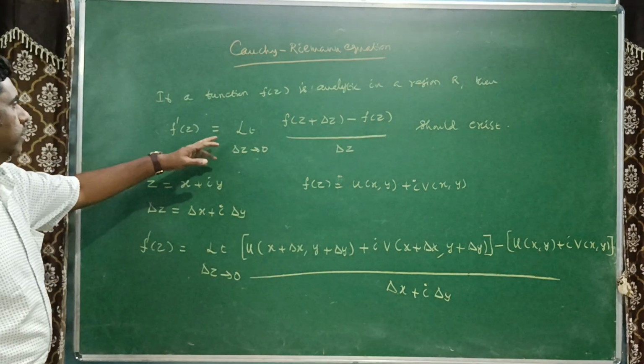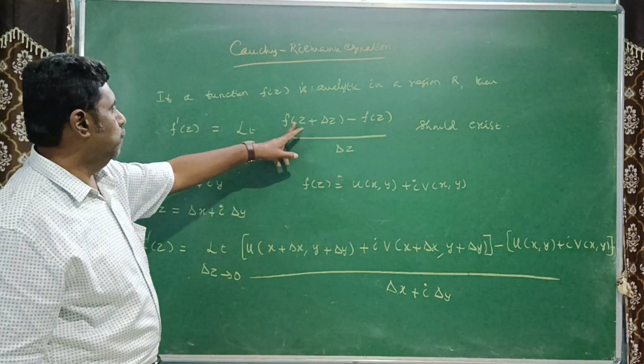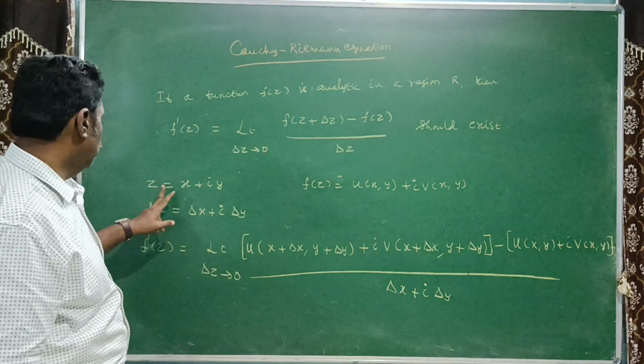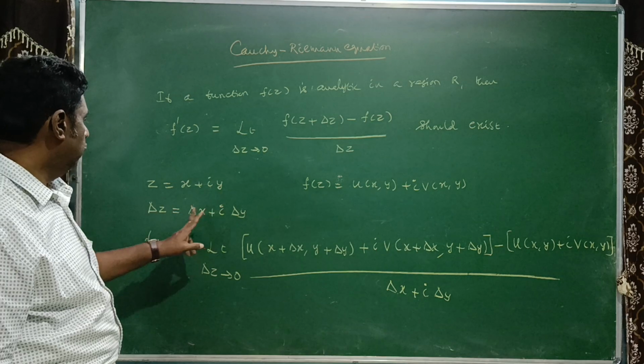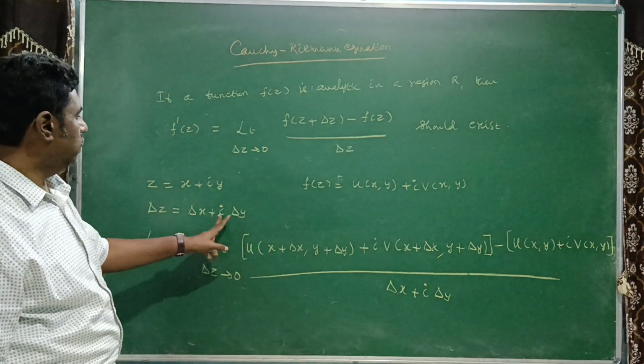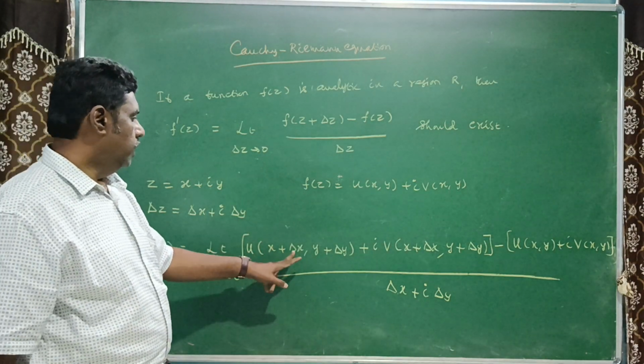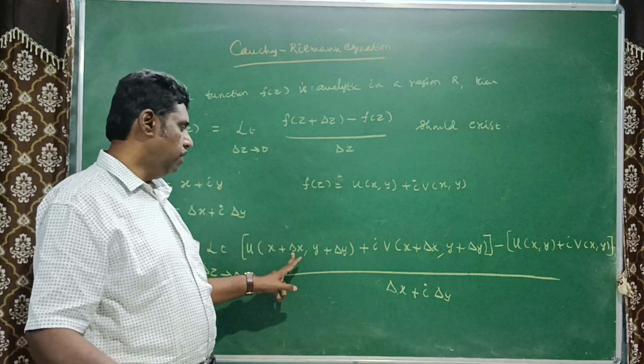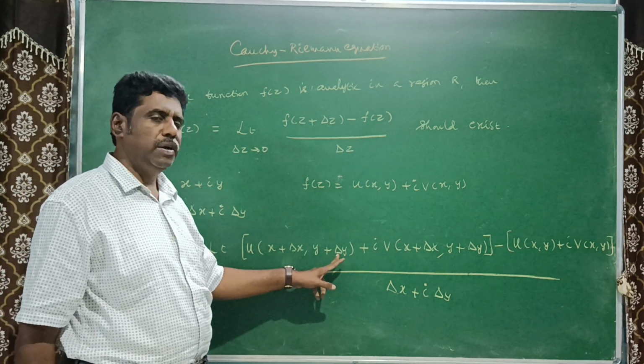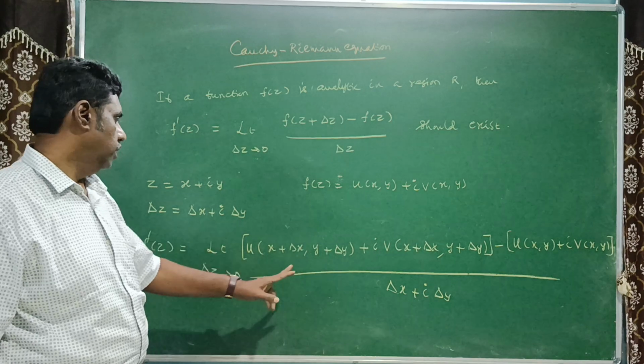See here, f(z + Δz). We know that z = x + iy, and Δz is Δx + iΔy. Δx is the increment in the value of x, and Δy is the increment in the value of y.